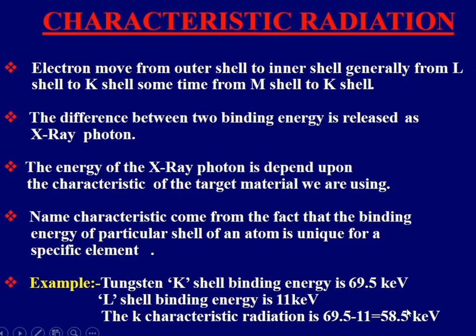The energy of that photon would be equal to the difference of both energy levels, which is 58.5 kilo electron volt. This is a rough idea of the energy of a particular photon. This is how the energy of the X-ray photon depends on the particular target material we are using, because the binding energy for different shells will be different for different materials.